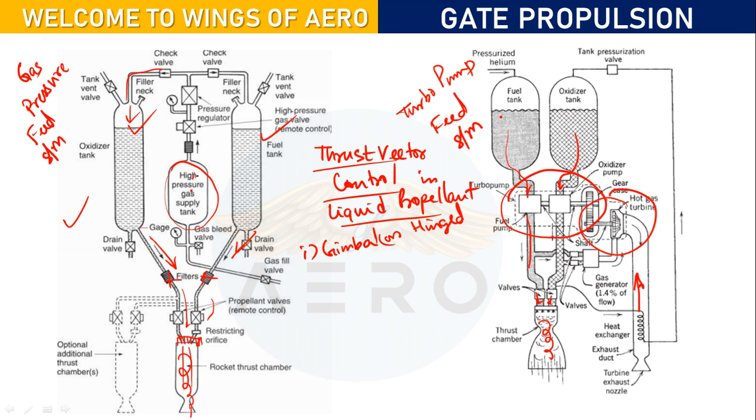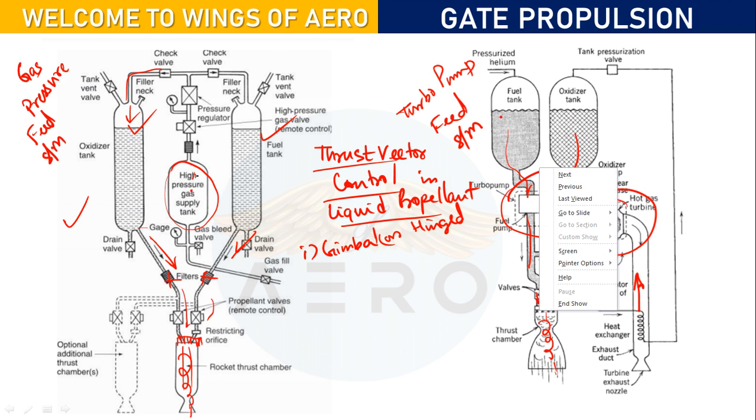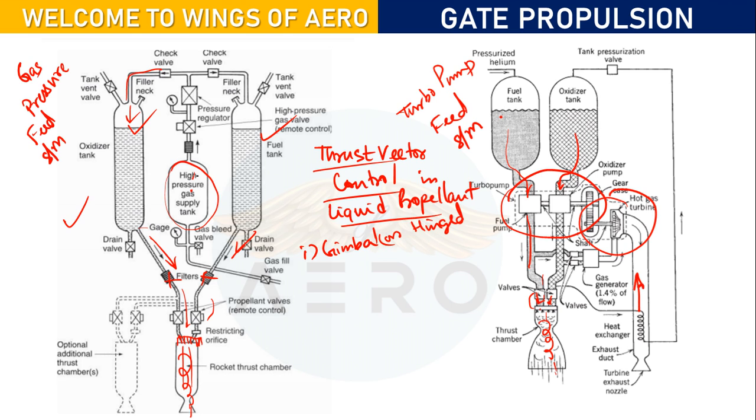Here, along this axis, it will be hinged. There will be some kind of hinge mechanism. If this is the particular axis of the thrust chamber, you can move it, and if you move along this angle, your thrust chamber will also move likewise.